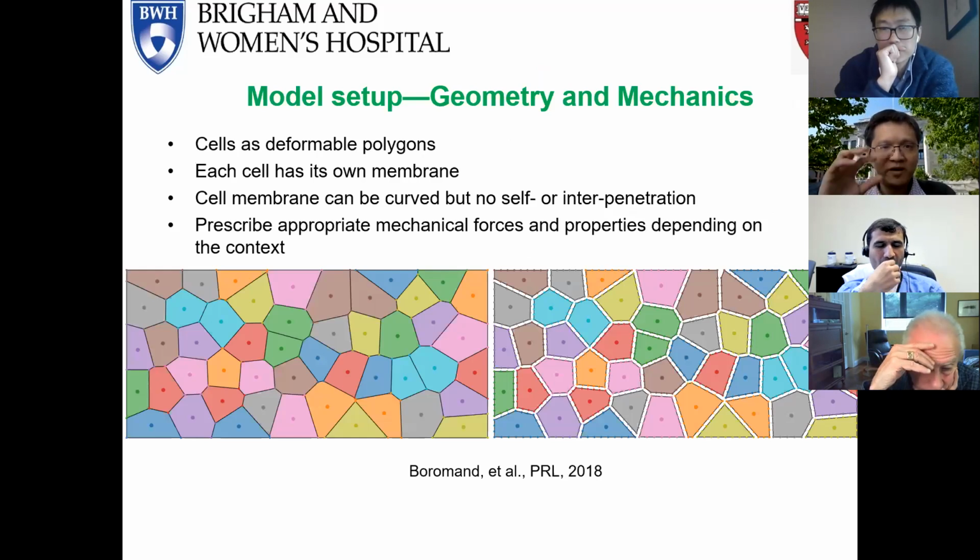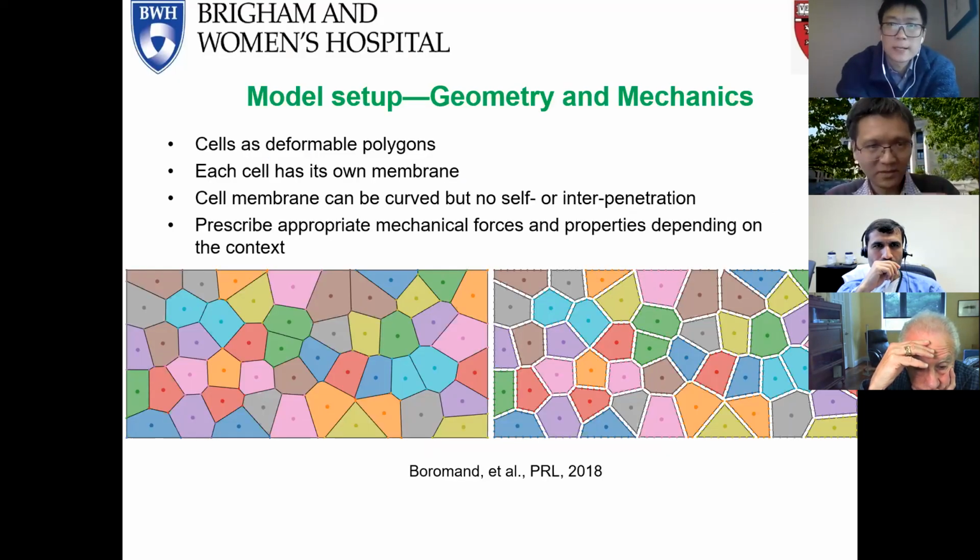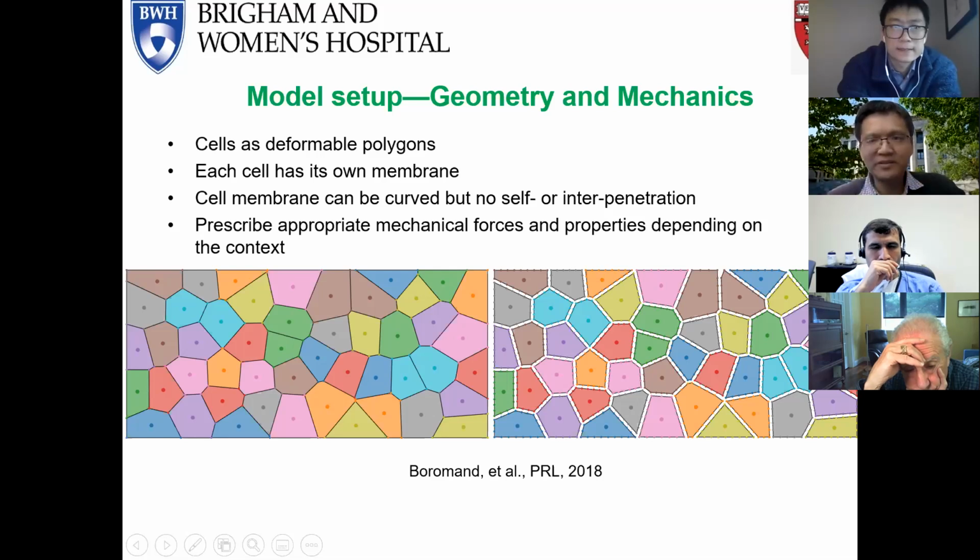The model setup is that we think of cells as deformable polygons, and each cell has its own membrane, and they should not penetrate each other or self-penetrate. Then we just need to prescribe the appropriate mechanical forces and mechanical properties depending on the systems we investigate.